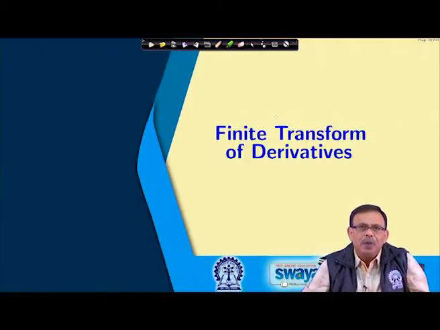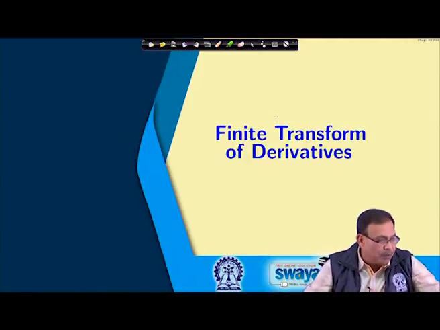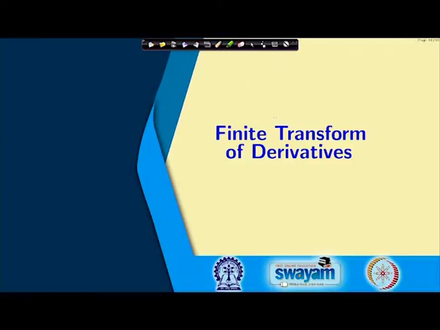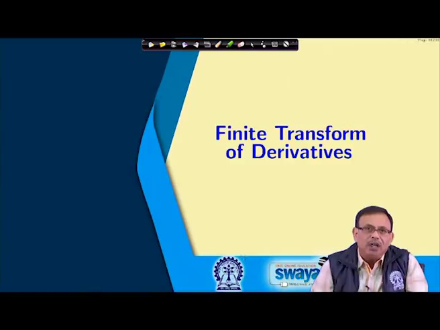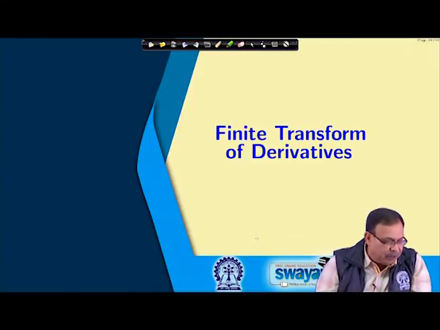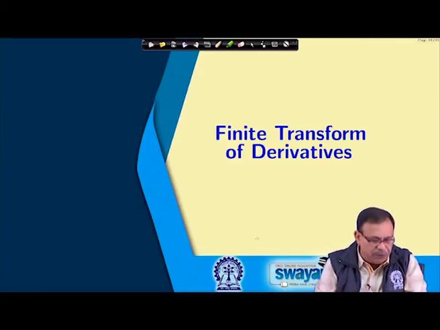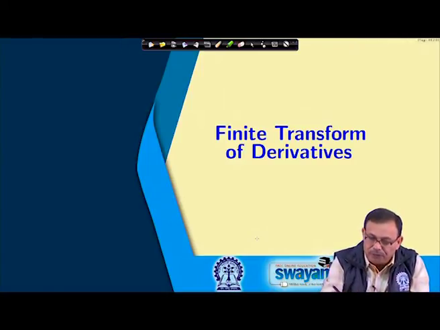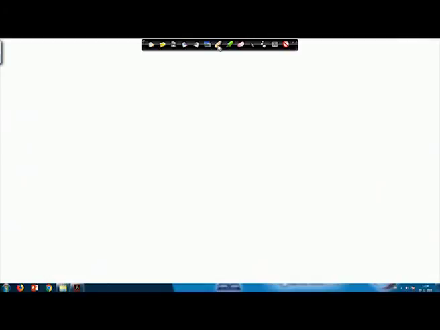Now, let us see the finite transform of derivatives. Whenever we want to find out the solution of second order ODEs, I have to find out the finite transform of derivatives. So, for that one, the function f of x t is there, x lies between 0 to L I am assuming, and t is greater than 0.